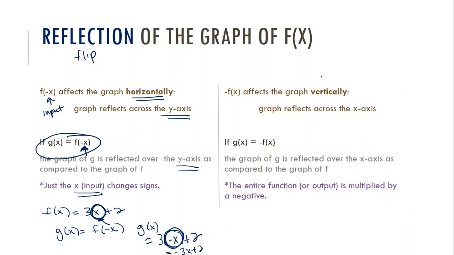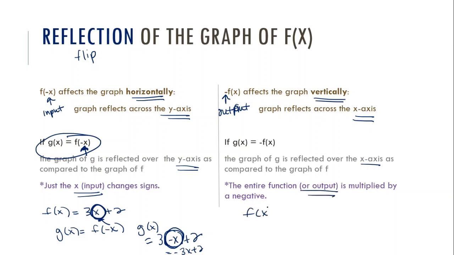Okay, whereas if I am looking at a reflection vertically, which is over the x-axis, that negative goes out front of the entire function or my entire output. Okay? So if g of x equals negative f of x, the graph of g is reflected over the x-axis as compared to the graph of f. So this time the entire function or the output is multiplied by a negative.